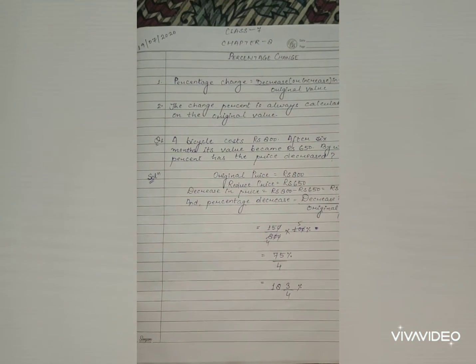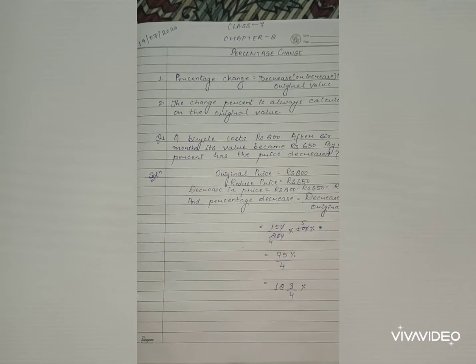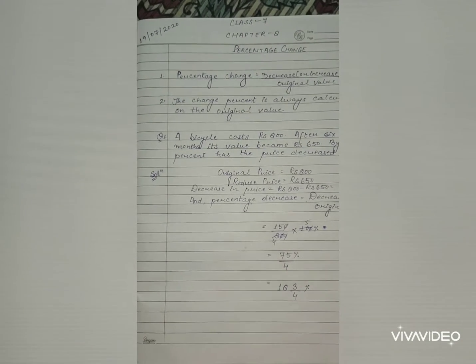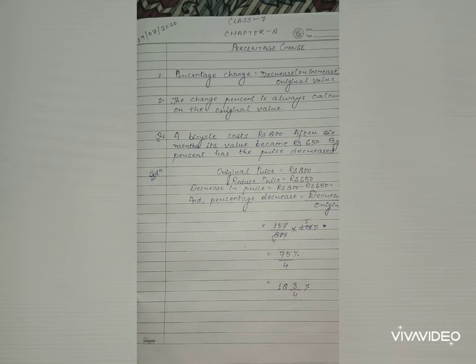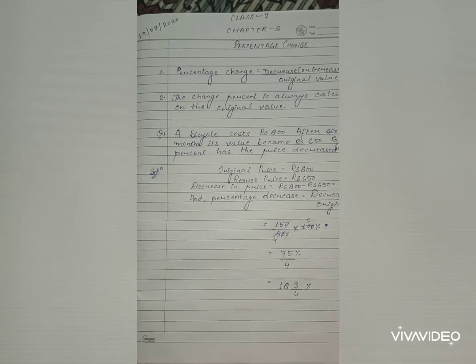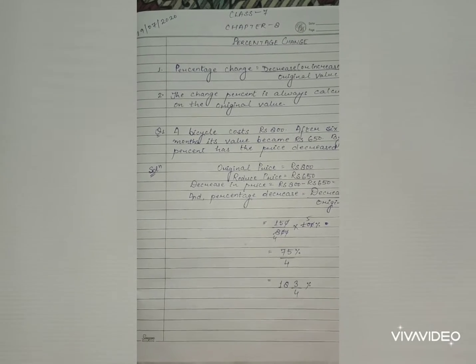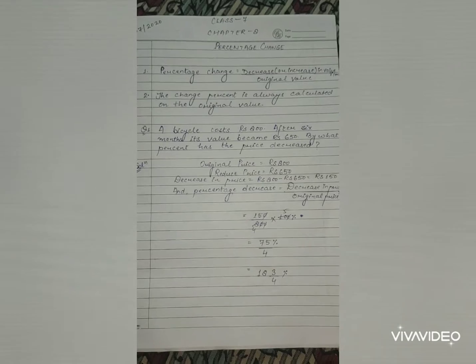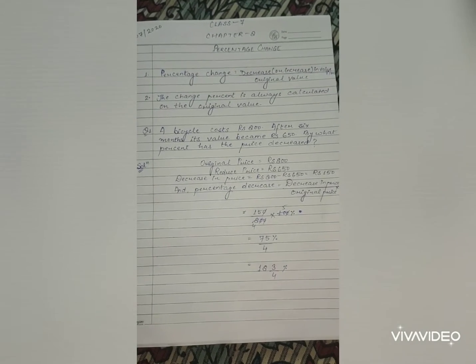Okay, in the previous session, we have seen and also solved the percentage questions from exercise 8B, and now we are moving ahead to exercise 8C. In this, our first topic is percentage change.